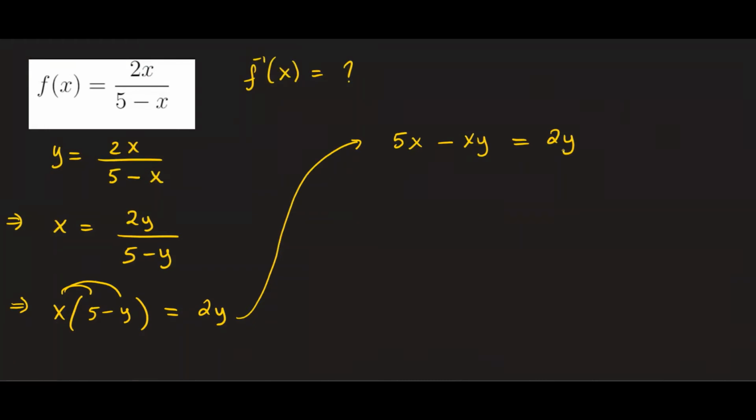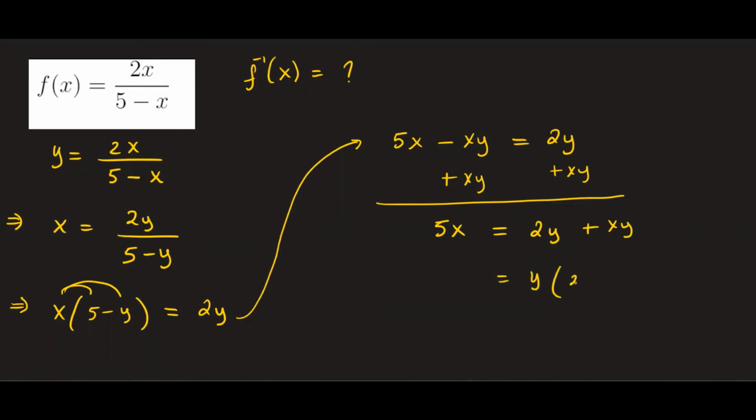And then I want to group y terms together, so I'm going to go ahead and add xy on both sides so that I have all terms involving y on the same side. So this will give me 5x on the left is equal to 2y plus xy. Well, now that the right side, both terms have y in common, so I can factor out a y, so that gives me (2 plus x) times y, and equals to 5x on the left side.